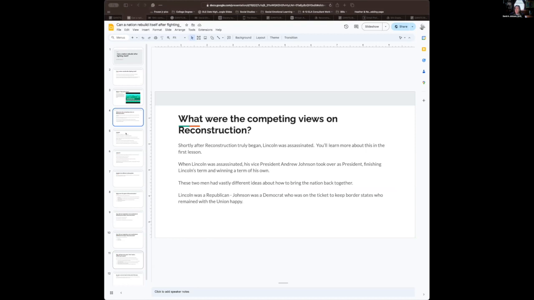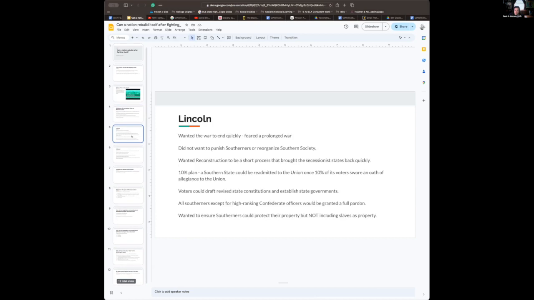Even those two had some vastly different views about their ideas on how to bring the nation back together. Lincoln was a Republican and Johnson was a Democrat, and he won on that ticket in order to keep the border states happy. But the border states don't necessarily have the same thoughts and ideas as the North, and the North definitely doesn't have the same ideals as the South. All of this set up some interesting conflict, particularly between these two men.